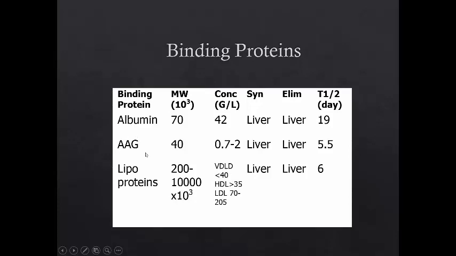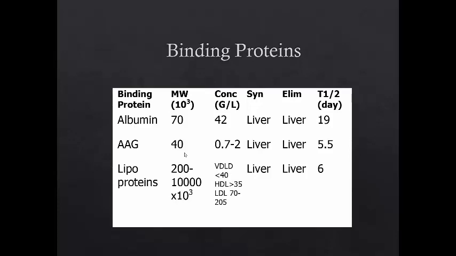AAG is really an interesting one. It stands for alpha-1-acid glycoprotein. It has a smaller molecular weight, but it's still a large molecular weight, right, compared to drugs, which are usually in the 300 to 500 molecular weight range. This has 40,000, right?